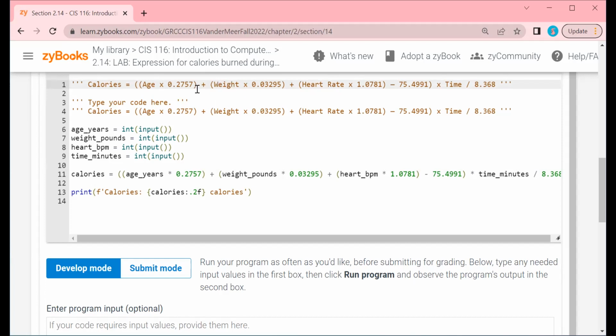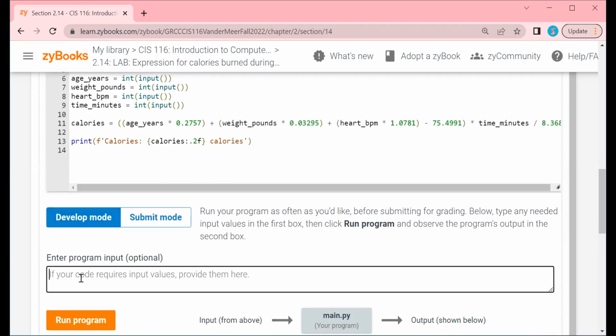We're also using multiplication and addition, so put parentheses around things you want to calculate first. So age times 0.27 has to happen before we add on weight times 0.03. So we have to use our parentheses in here. And then we just print out our calories.